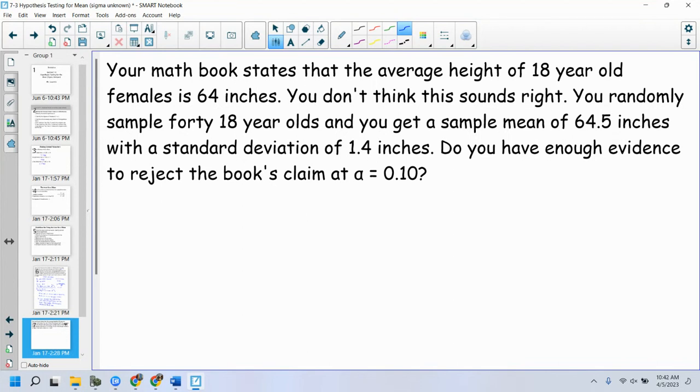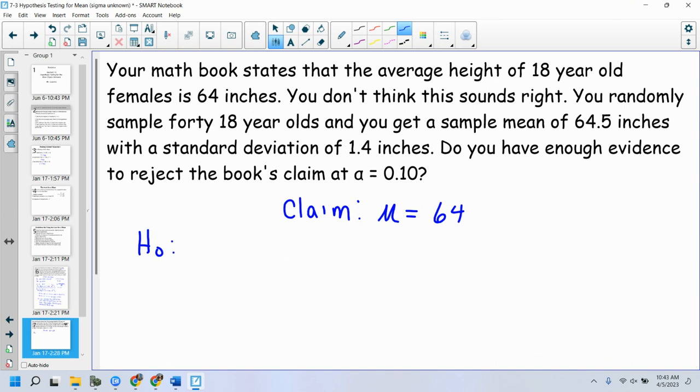Okay, so what is the claim? The claim is that mu equals 64. That's what the book is claiming. What would I love to do about the book's claim? Reject it, dispute it, disprove it, right?